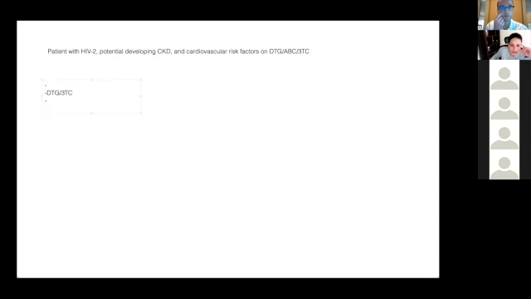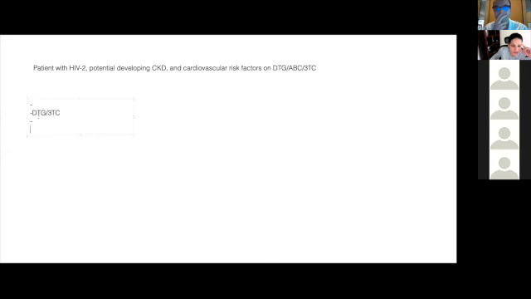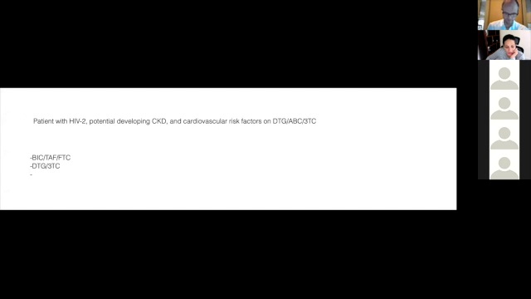I guess the other option, depending on your nerves, Matthew, which you had mentioned, was Biktarvy while you're waiting, if the CKD doesn't progress and stabilizes, that would be another way to get him off of abacavir.